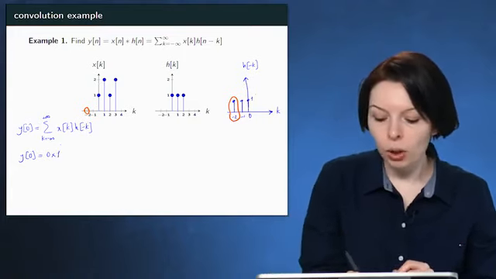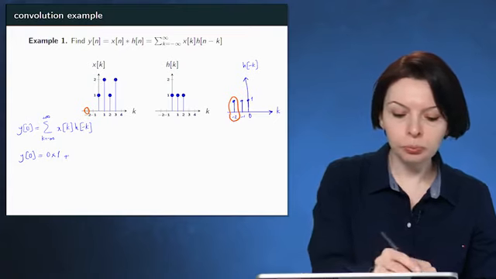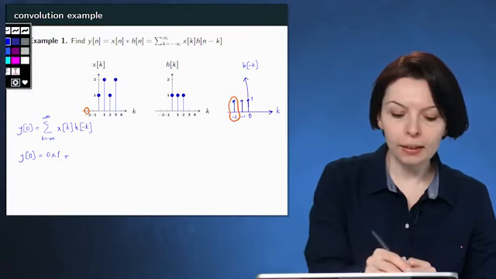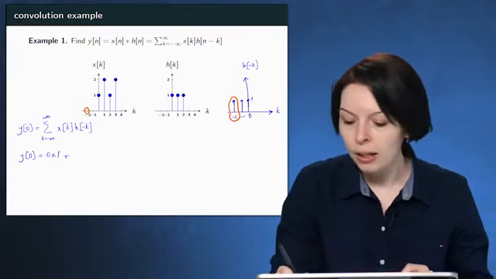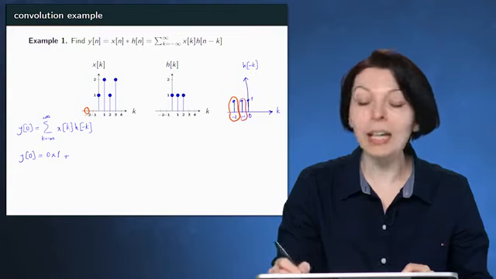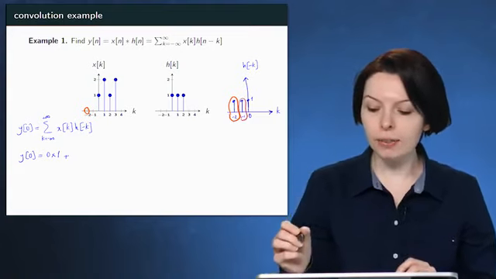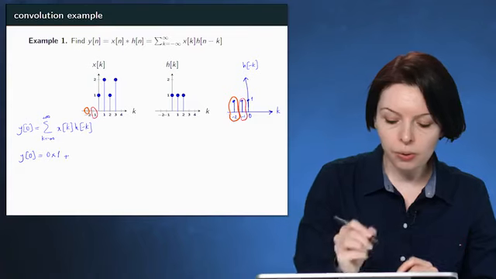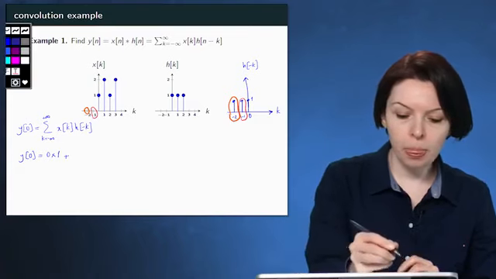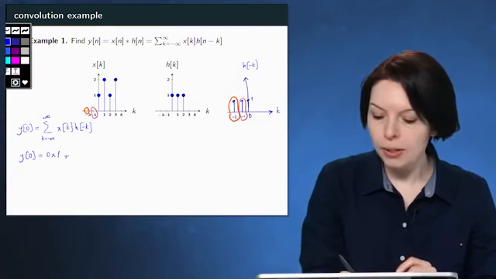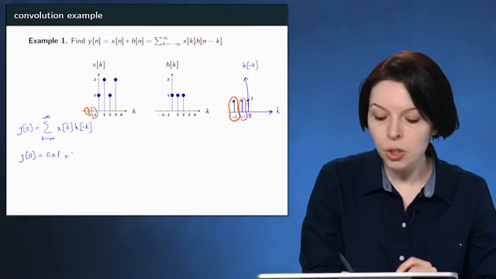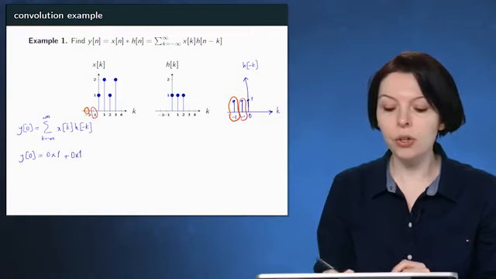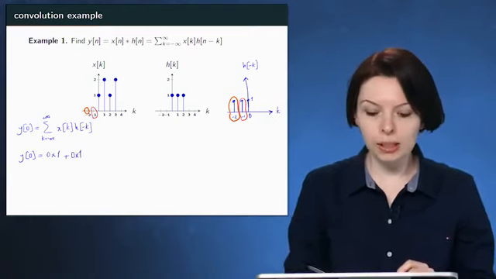So I'm going to multiply it by 1, plus, I'm ready for the second one. At k equal to -1, h of negative k is 1. This is 0, so I'm going to have plus 0 multiplied by 1. 0 is for x of k at k equal to -2.